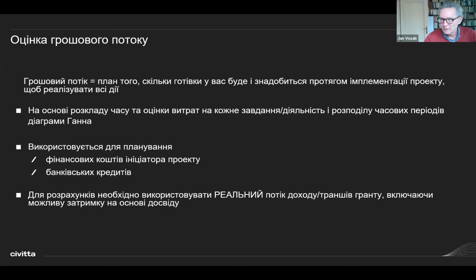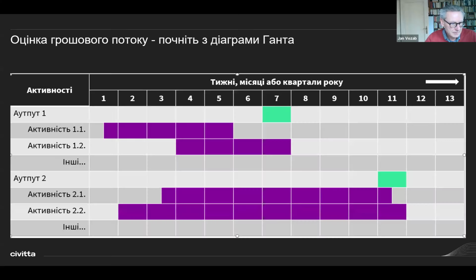So how you do it? You start with the Gantt chart, which I've suggested last time, that you fill in. Looks like this, and in the Gantt chart you should see all the activities or tasks per output.